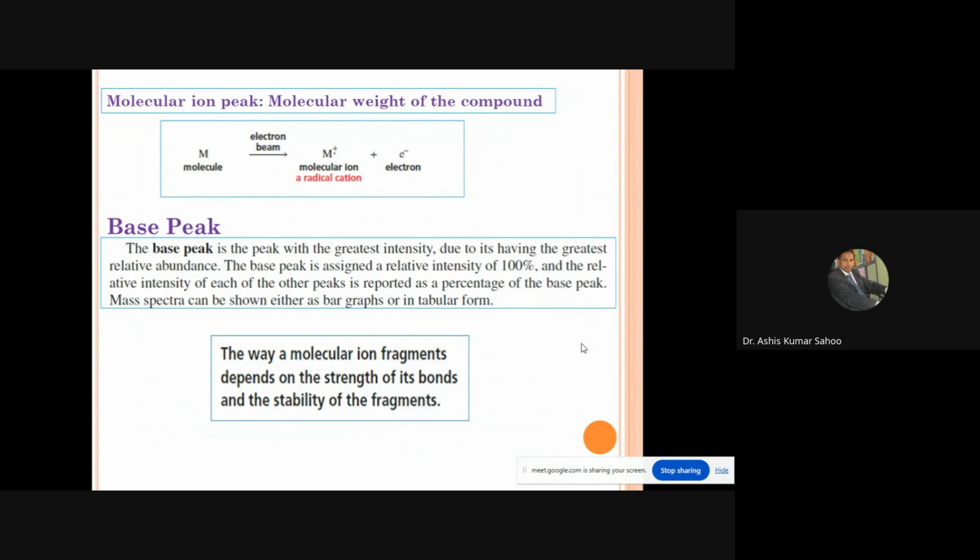Mass spectra can be shown either as bar graphs or in tabular form. So the base peak is the most intense, highest peak in the mass spectrum. The way a molecular ion fragments depends on the strength of the bonds and the stability of the fragments.